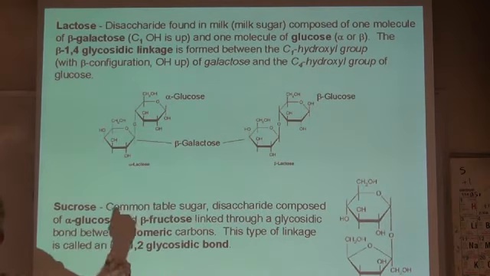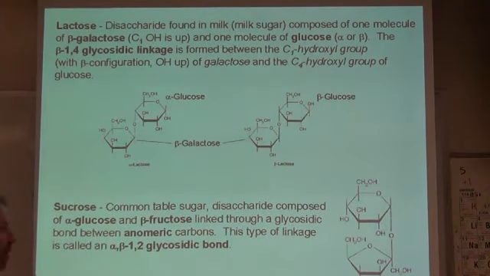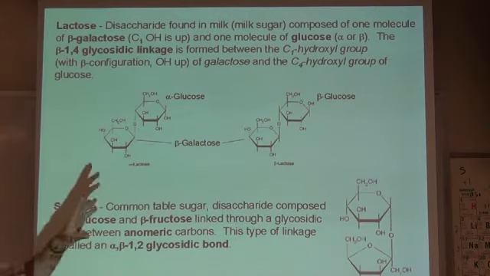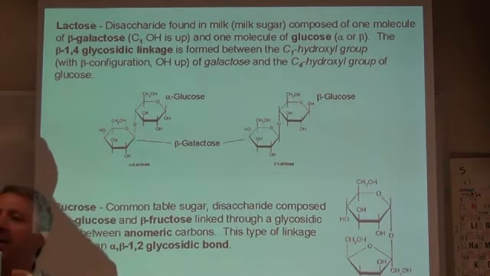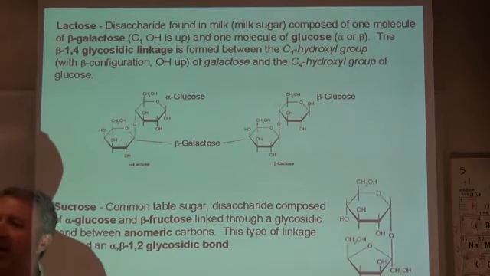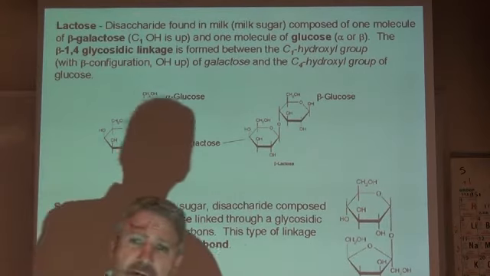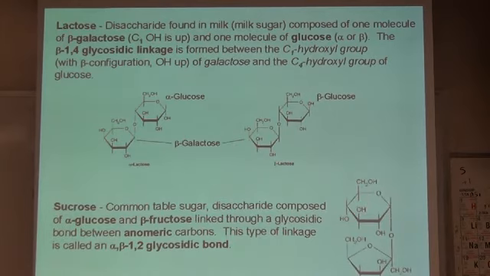Sucrose is actually a disaccharide where the fructose and the glucose, the two monosaccharides, are linked through their anomeric carbons. So there's no free anomeric carbon. They're both involved in the bond. Now remember, fructose is a ketone.